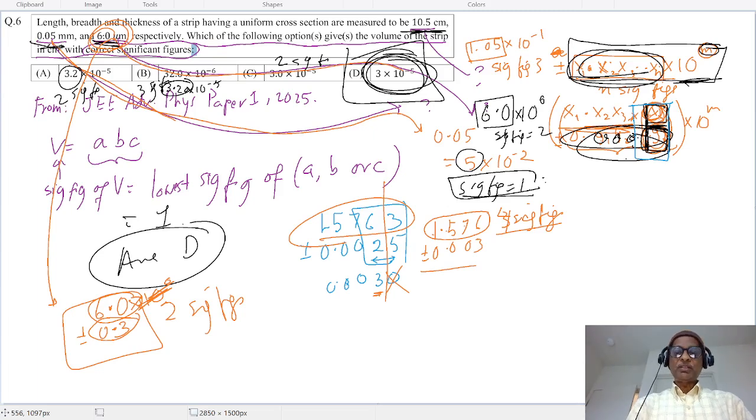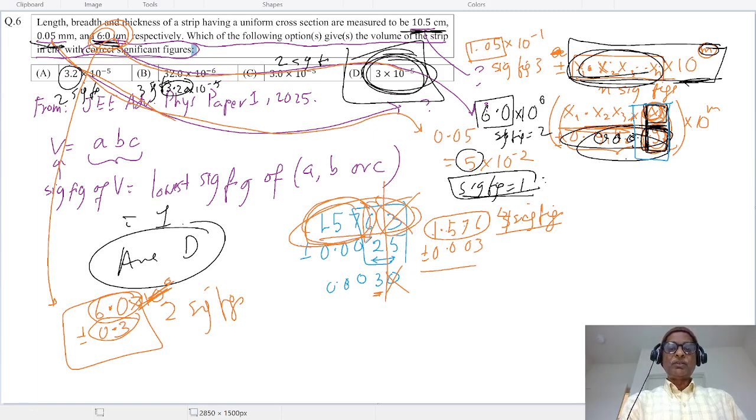Okay, hope this helps. I don't like this kind of problem in the theory part. In the lab, you really need this to indicate which part you're certain about. You're certain about this part, and you're not certain about this part at all. Your uncertainty in this part is the last digit over here.